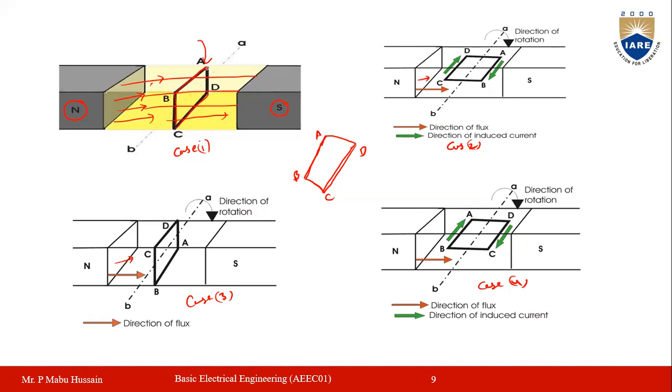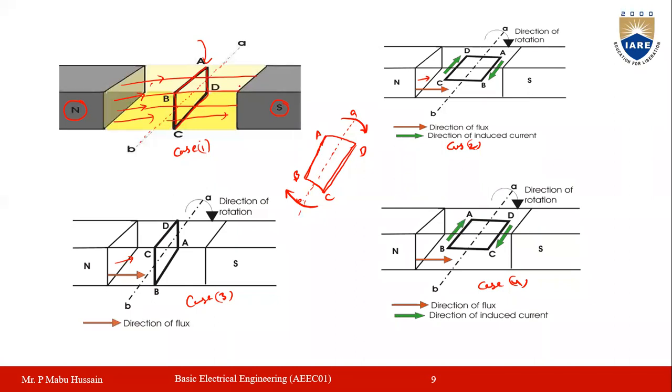Now it is placed in vertical direction, and the axis of this loop is this small AB, with the dotted lines. About this axis AB, this loop is rotating. This axis you have to consider as the shaft of your generator.